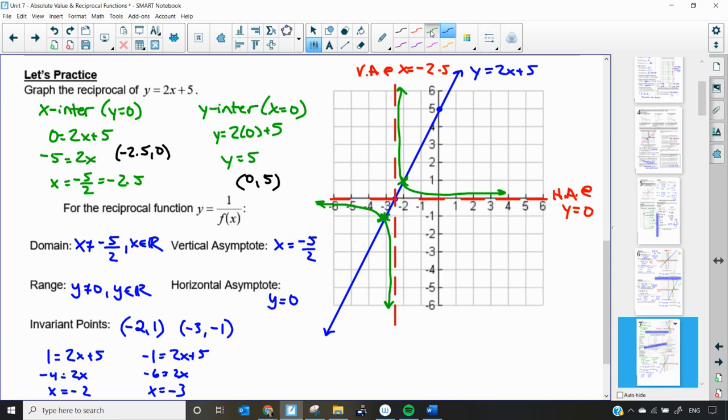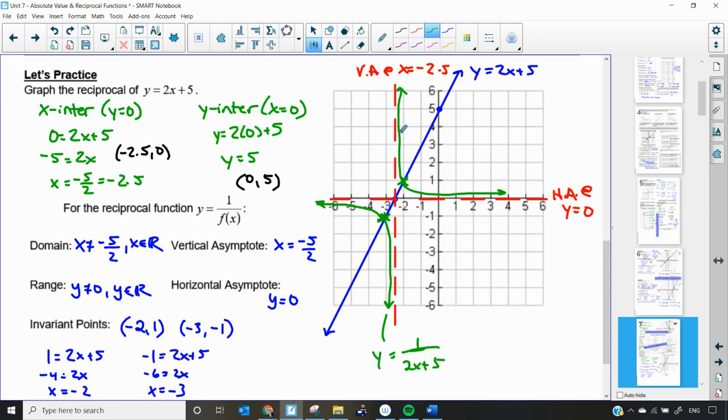All right, and if you want, you can also label that as y equals 1 over 2x plus 5. It's always important to label our functions so that we know what graph is represented by what function. If you notice in your graphing calculator, whenever you're on a function, up in the top left corner, it will always show you what the equation of that line is.